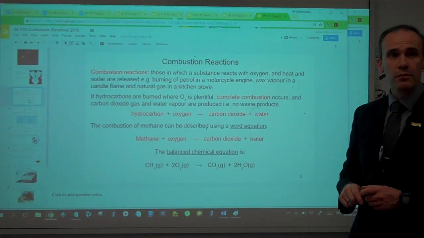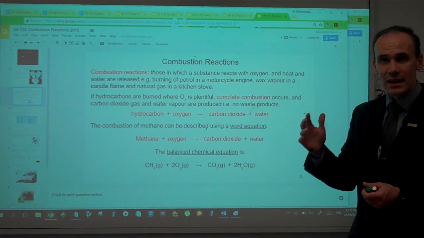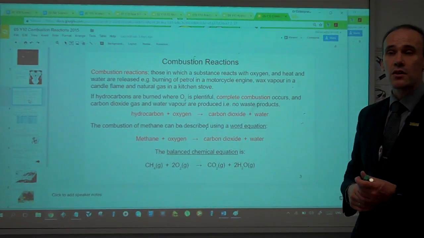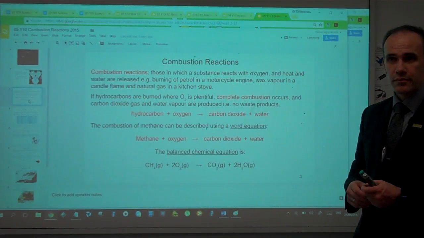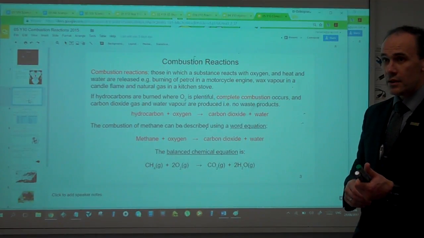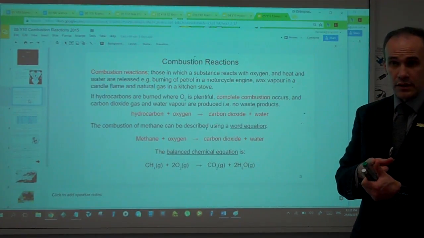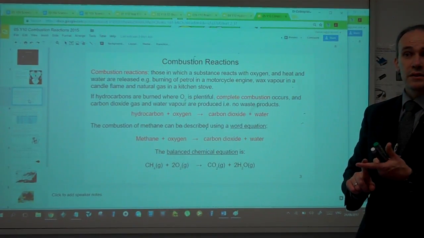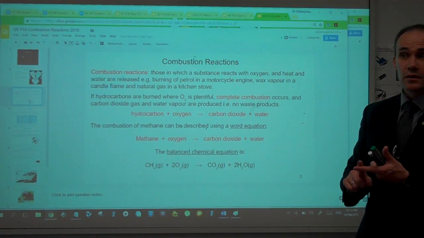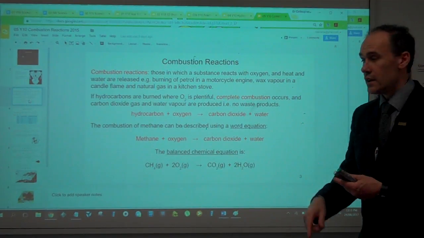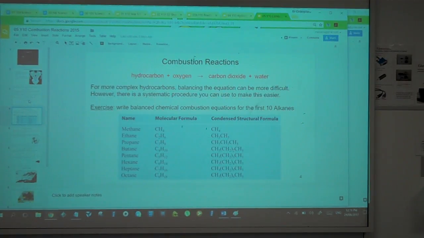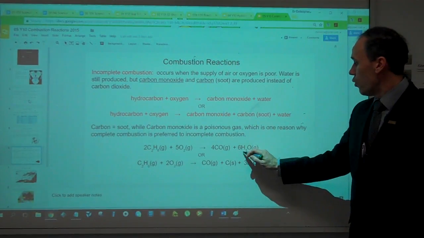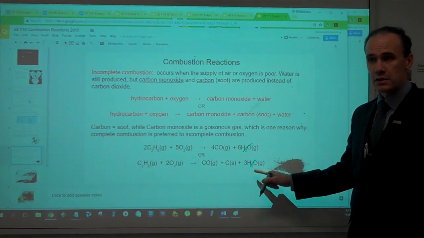Now, what about incomplete combustion, which is less oxygen available for combustion? For incomplete combustion, the products are carbon monoxide, and it's always water, and sometimes carbon as soot. For these ones, listen up. Water is always formed in combustion.